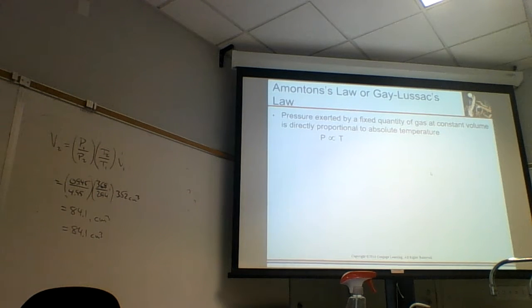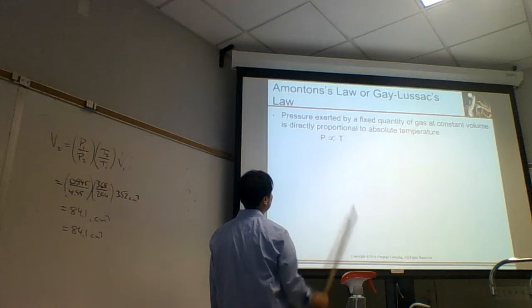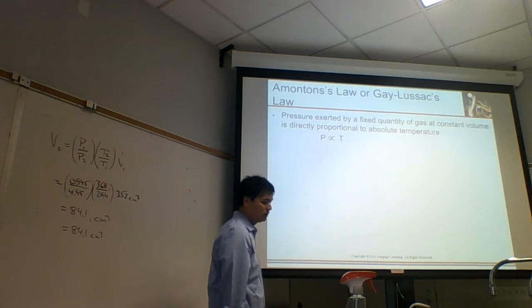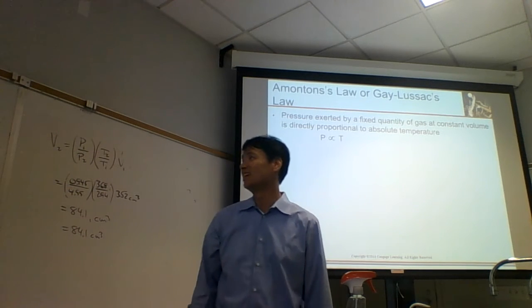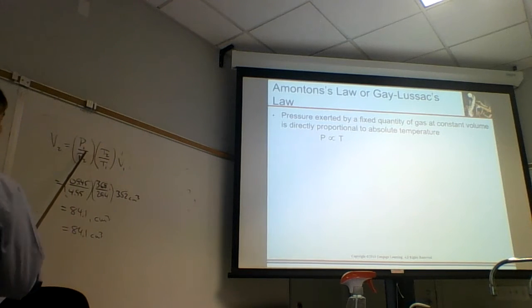There's another one called Gay-Lussac's law. Pressure is going to be directly proportional to temperature. You know, if we increase the temperature, the pressure is going to go up. And it's going to have the same type of equation as we saw before, but Gay-Lussac's law is combined into the combined gas law. When we look at the combined gas law, here's the pressure, and we can relate it to temperature as well.